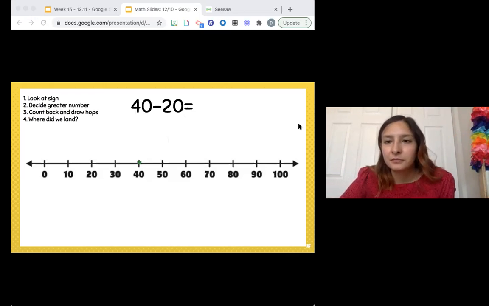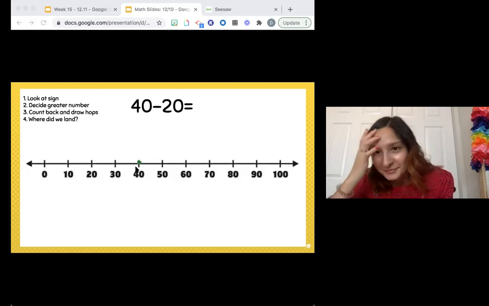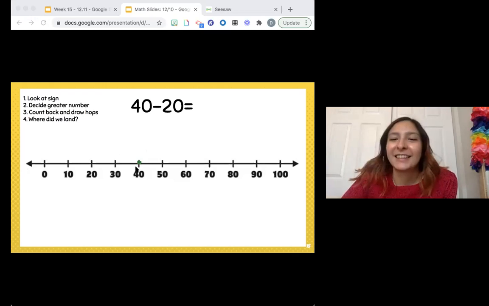I counted back 20. I counted back 20 hops. You counted back 20 hops? Ooh. We would then be in the negative. Oh, silly. 20 little hops equal 10 big hops.